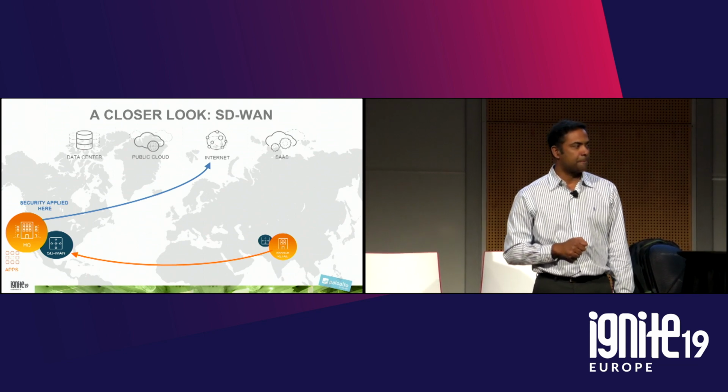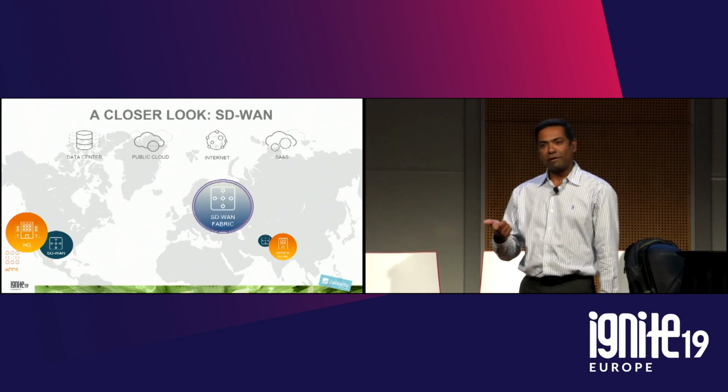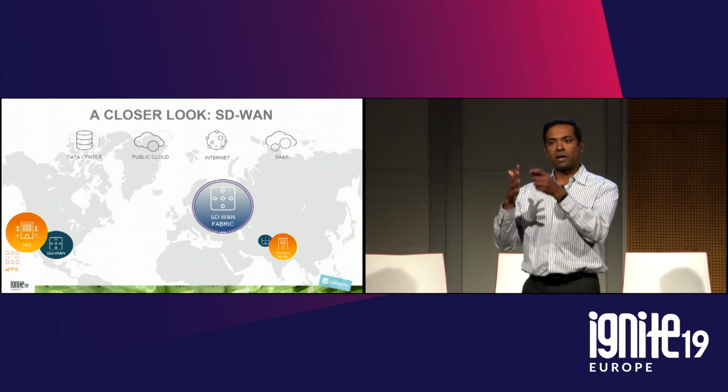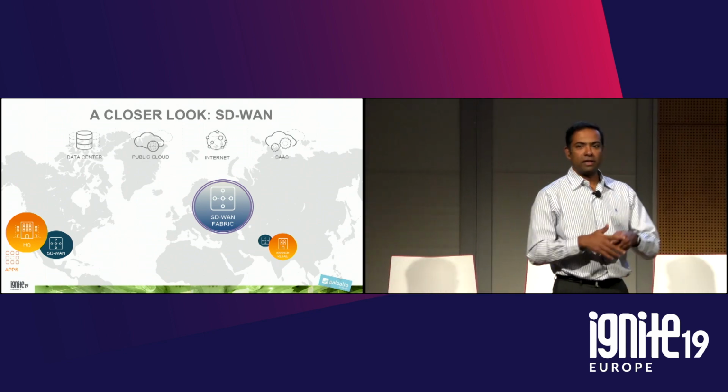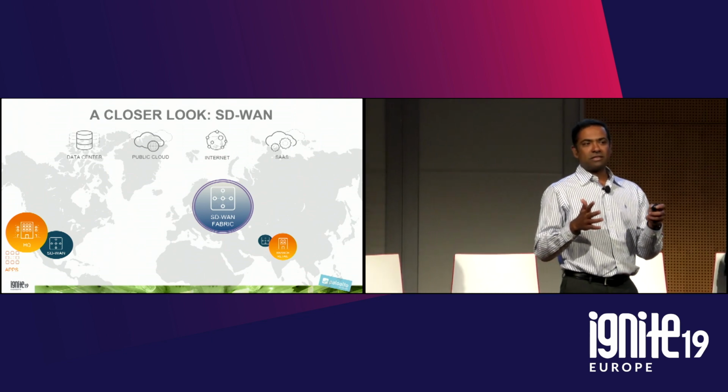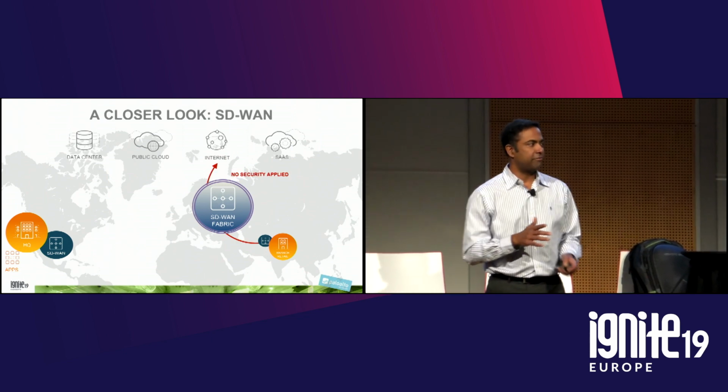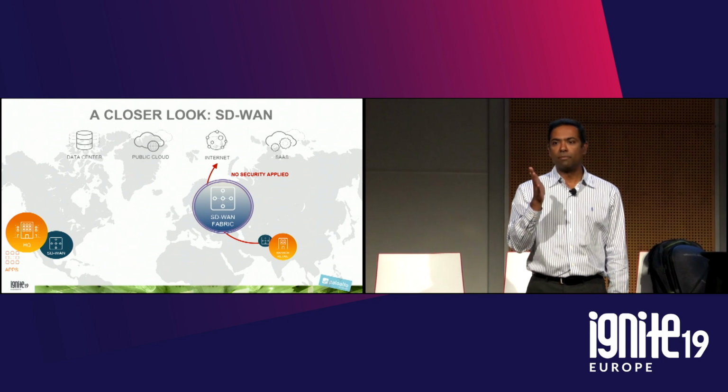Okay, so the evolution continued and they said, okay, why don't I put an SD-WAN hub in the cloud so that my branches can actually have direct access to the internet through that hub?